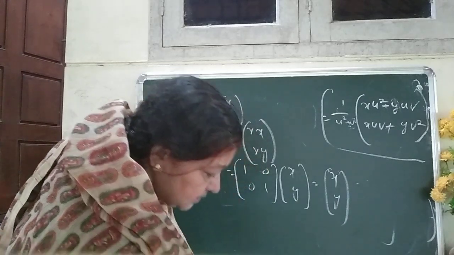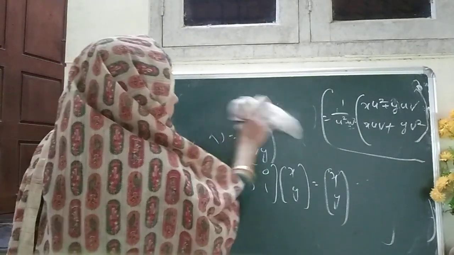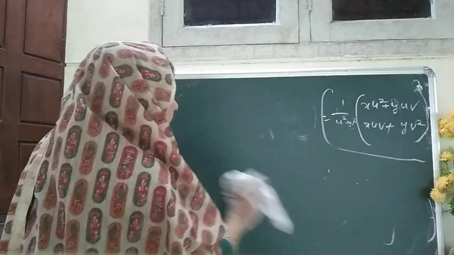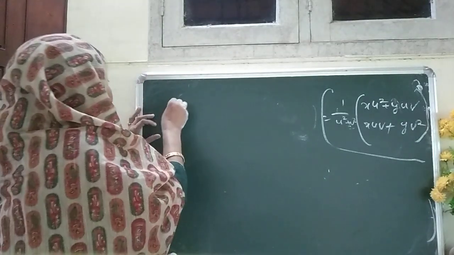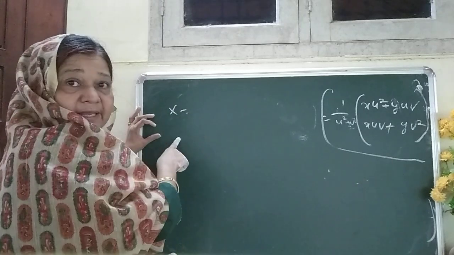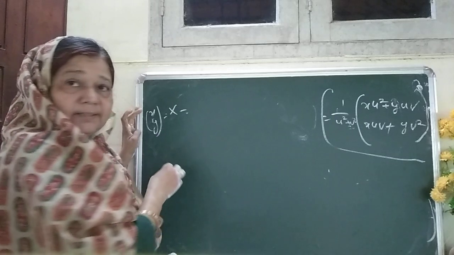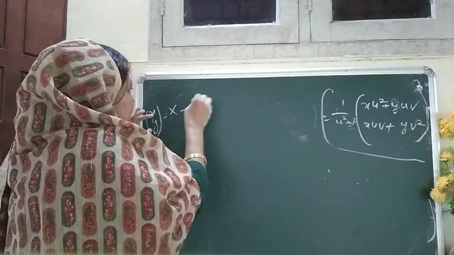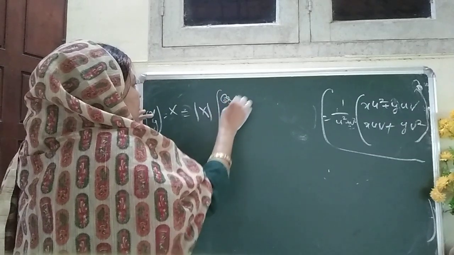the important transformation, which is rotation by angle theta. If capital X is any vector (x, y), it can be expressed in polar form as capital X equal to mod x into (cos theta, sin theta).